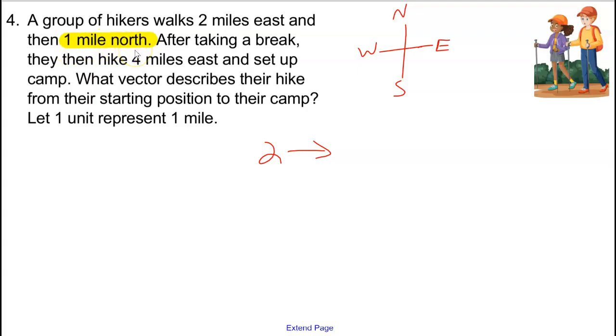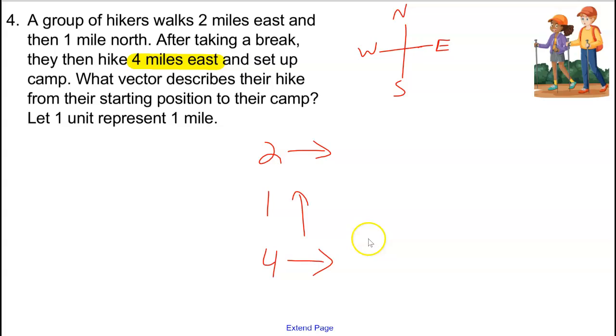Which way would that go? If you said 1 mile up, that would be correct. Now, one more time. 4 miles east. Which way would that go? It should be to the right.